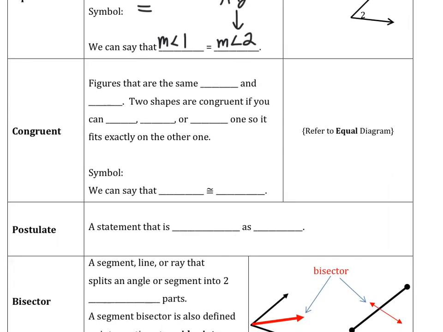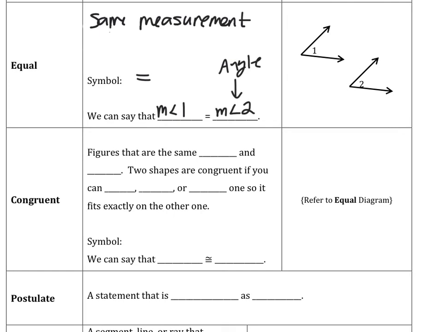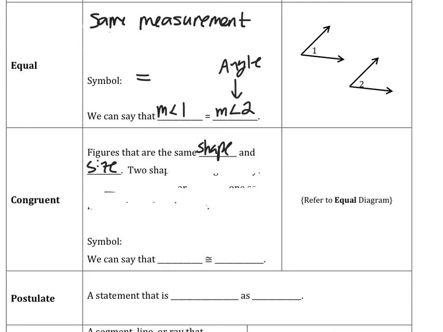All right. So along with equals, we have this new thing in geometry called congruent. So this is where figures have the same shape and size. We're going to go ahead and not worry about the second part of this definition right now. Okay, so the same shape and the same size.